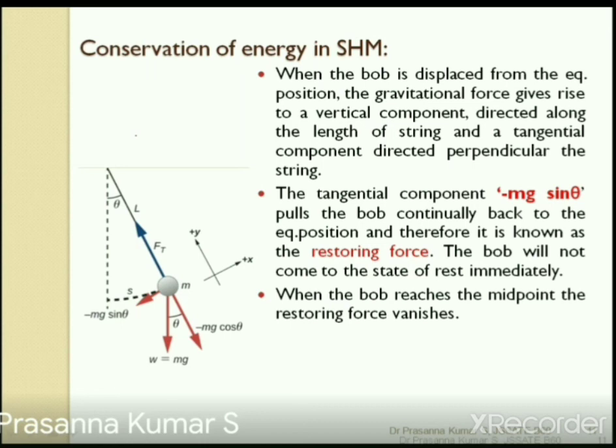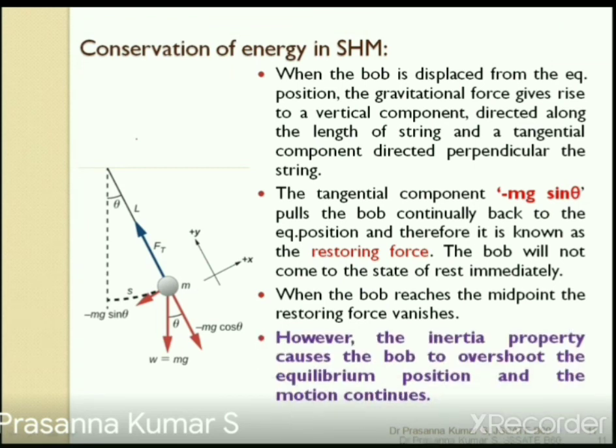Because Fr is 0, and F is equal to ma, by Newton's laws of motion, the inertia takes the swinging of the pendulum to the other side. Inertia is the property that causes the bob to overshoot the equilibrium position, and the motion continues.